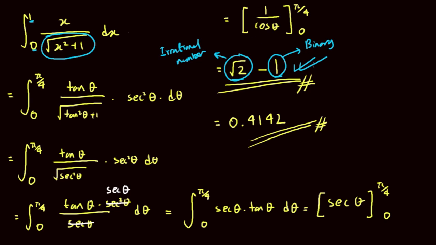That's why a lot of math-oriented people prefer square root 2 minus 1 as the final answer rather than the decimal 0.4142, which doesn't seem very elegant. But personally, both answers are completely okay. There's no problem, as long as you show how to get the answer. The methodology is more important.